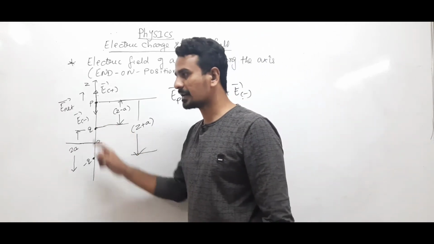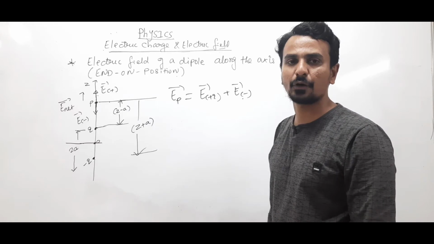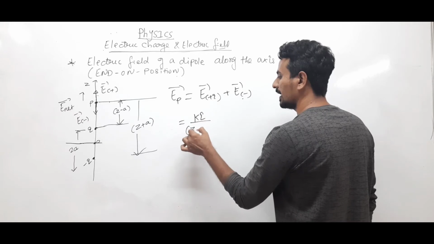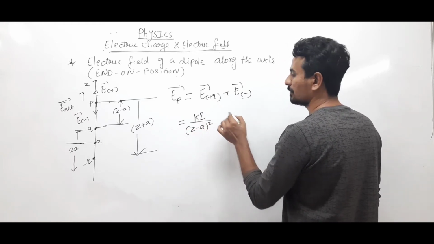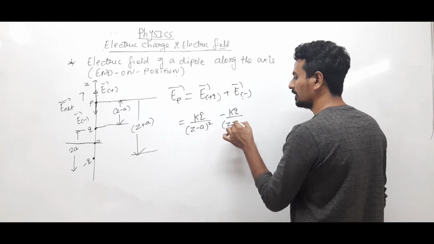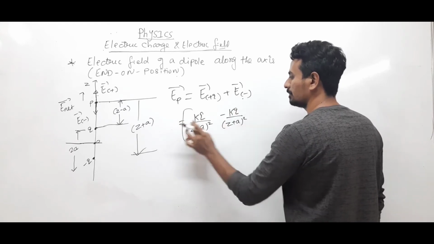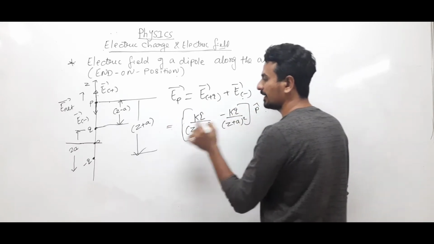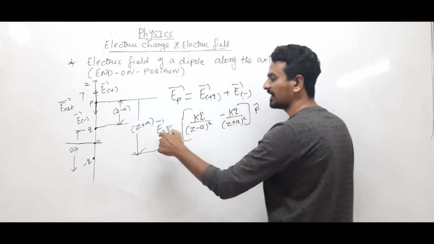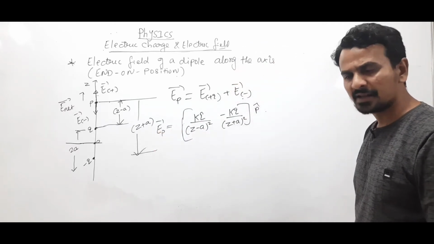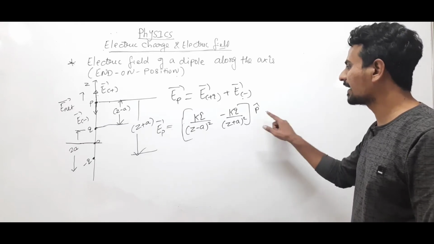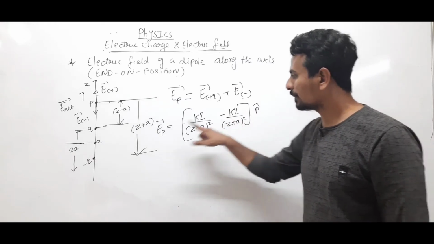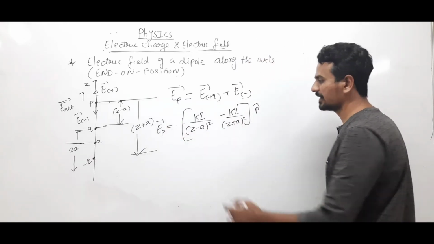The charges are point charges, so we know the electric field for a point charge is kq by r square. So this will be kq by (z minus a) whole square, minus kq by (z plus a) whole square, into p caret. P caret is a unit vector to represent the direction of the net electric field. Okay, solve this.